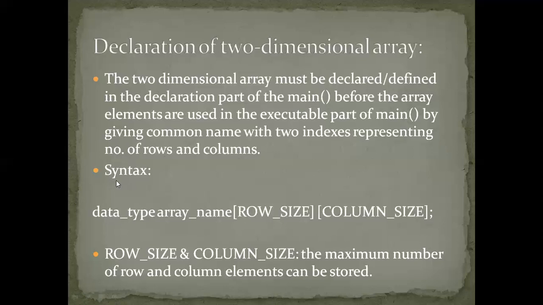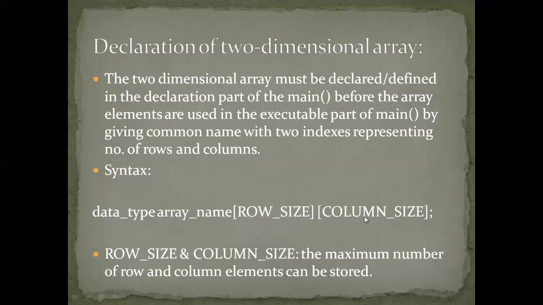So next, move on to the syntax. What is the syntax of the declaration of a two-dimensional array? Data type, array name, row size, column size. Here the data type can be any data type: integer, float, double, or character. Array name is a valid identifier, which is common for both the indexes.